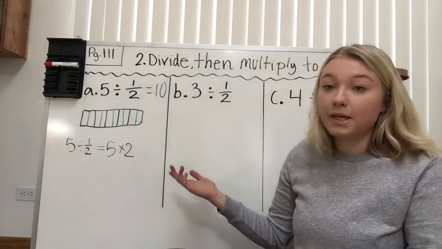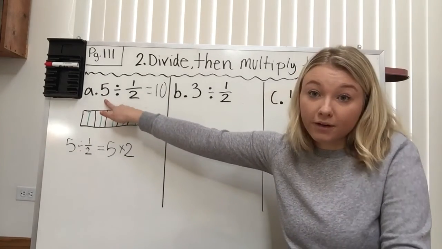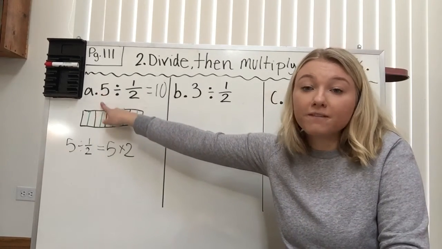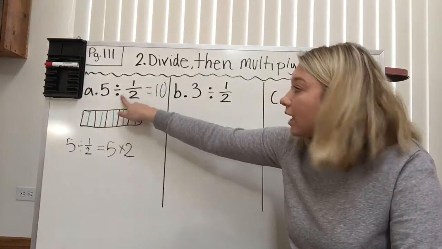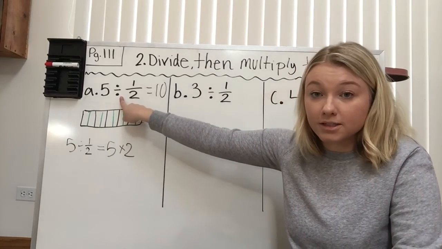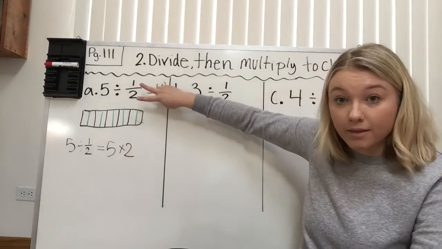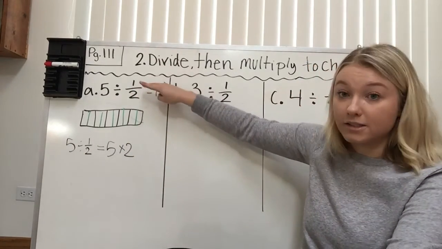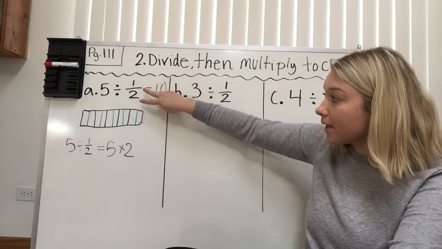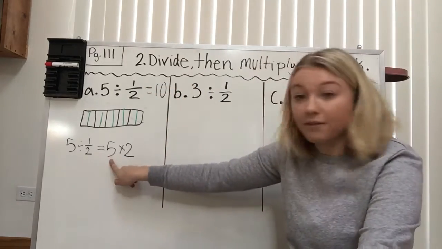So what does that mean? Well, it means that you keep the first number. You keep the first factor. You change the division sign into multiplication, and then you flip the last factor that's a fraction. So I kept 5.